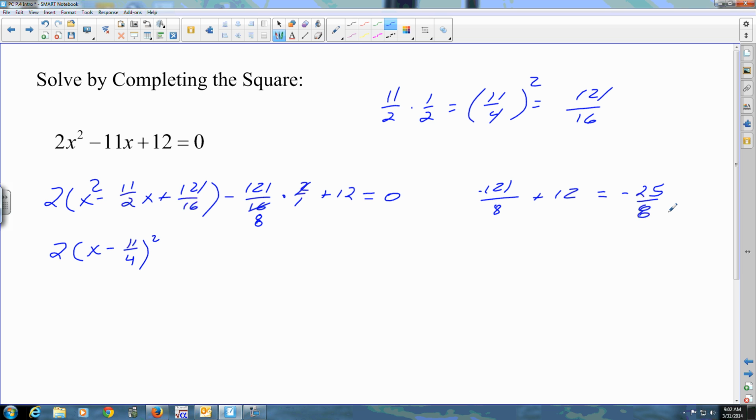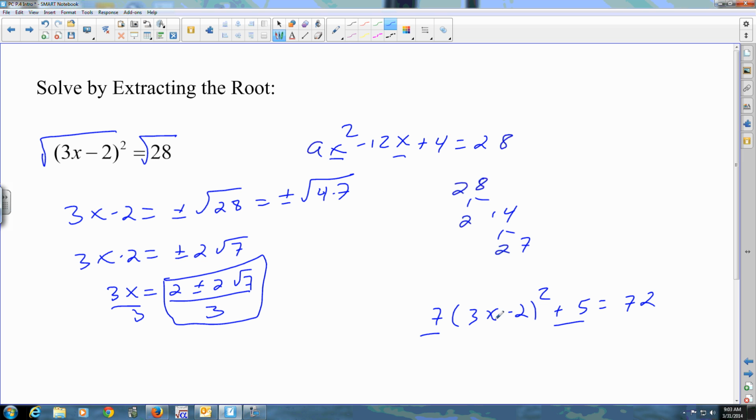Let me type it in the calculator. Okay, hold on. Minus 121 divided by 8 plus 12. Yes, minus 25/8. Okay. I don't want to make a mistake at this point because then it screws everything else up. Equals 0.